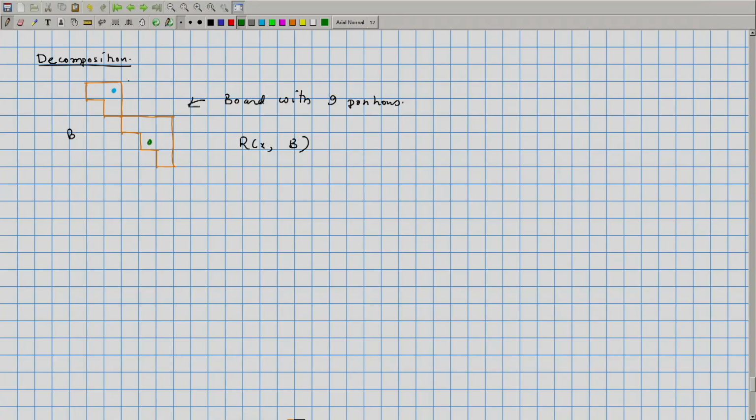Why decomposition is helpful to us is because of the following fact: if the board decomposes into parts, the rook polynomial of the board is basically the product of the rook polynomials of the constituents. Okay. So, let us call this board B1 and this is B2.